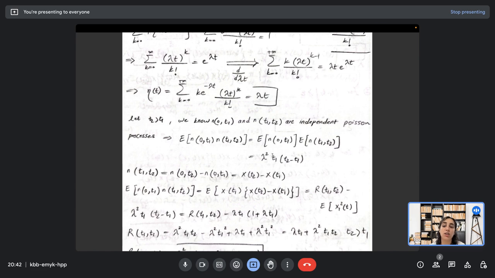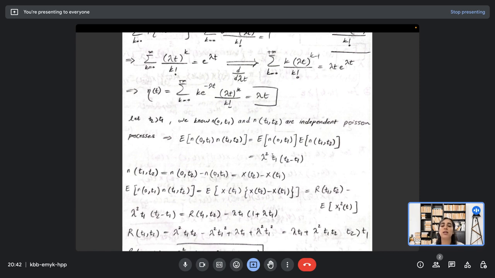We know that if t2 is greater than t1, the Poisson process for time 0 to time t1 and the Poisson process for time t1 to time t2 don't have any overlap, so they are independent of each other.